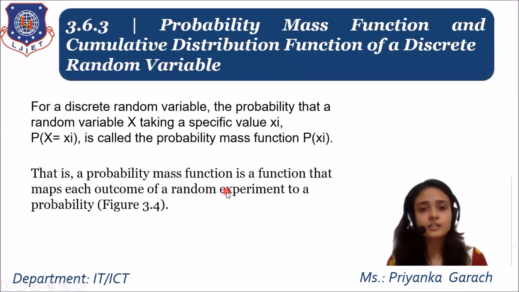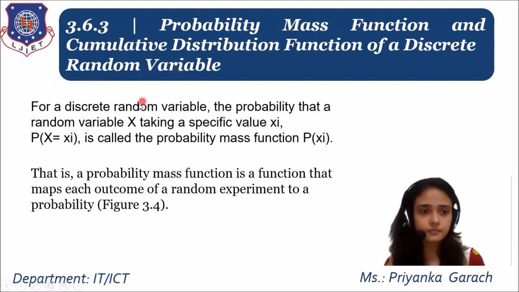Now let's see what the probability mass function and the cumulative distribution function of a discrete random variable are. So we are talking about a discrete random variable, and we will see the PMF and the CDF.